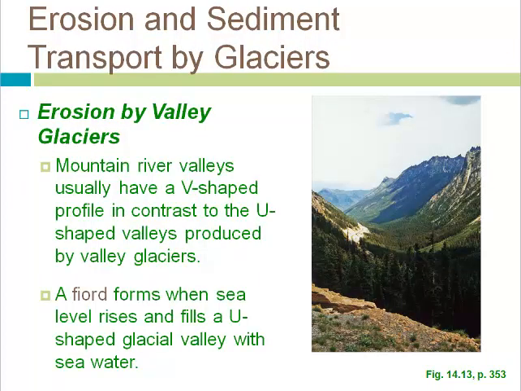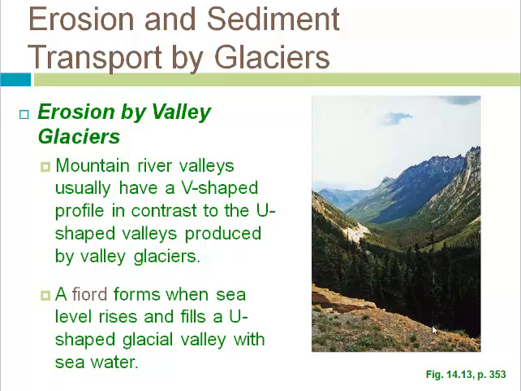The valley glaciers, as they erode, turn the V-shaped valley into a U-shaped valley. And I have a whole bunch of pictures of these kind of U-shaped valleys from Colorado because it was glaciated quite broadly during the last glaciation. You have all these high elevation U-shaped valleys. And then there's the fjords where you have the U-shaped valley.